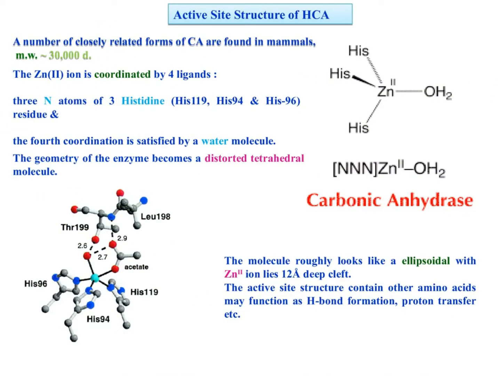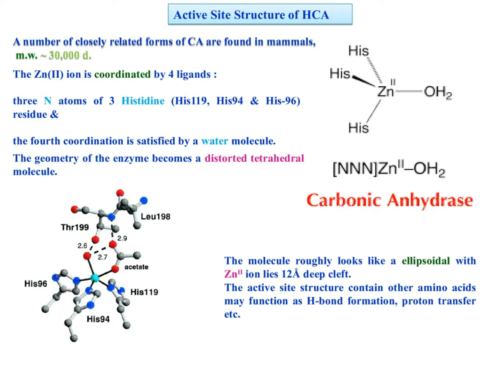Next, in this slide we will see the active site structure of HCA. This is the active site structure of HCA. A number of closely related forms of carbonic anhydrase are found in mammals. Its molecular weight is around 30,000 Dalton.